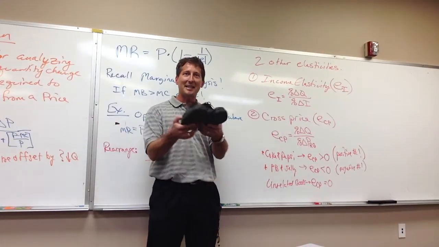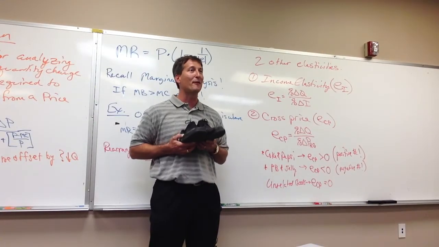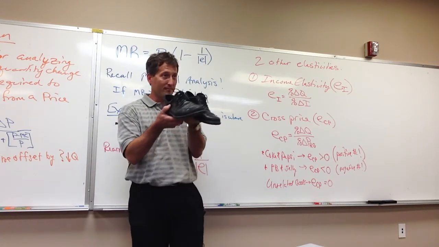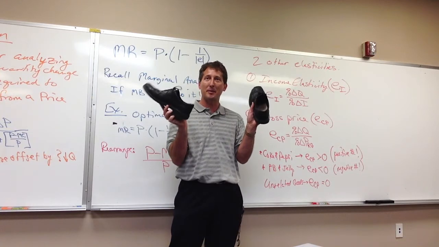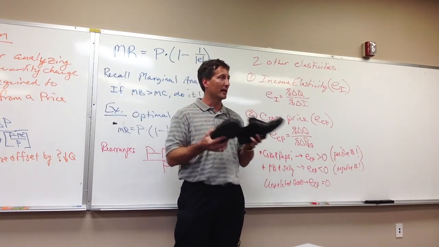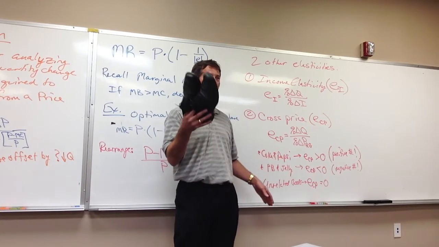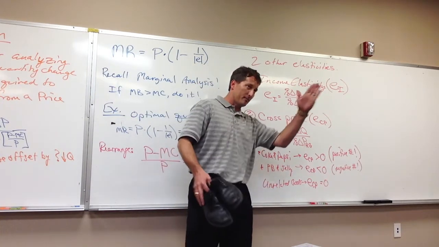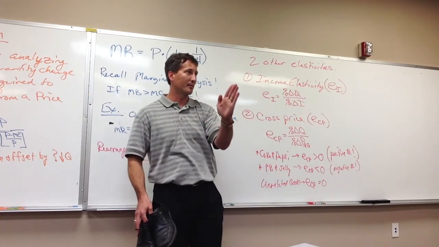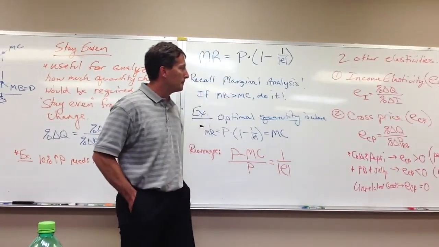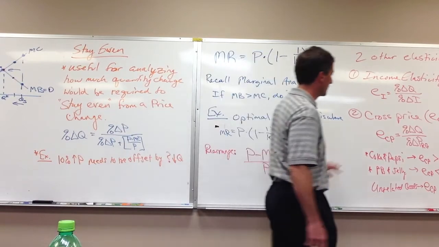They need to be together, right? For there to be any value to me as the consumer. And so there's a high complementarity between left shoe and right shoe. So that number would be really big when we're talking about left shoe, right shoe. Peanut butter and jelly might be down the spectrum a little bit more. So the value of the number will determine how strongly correlated those two are.